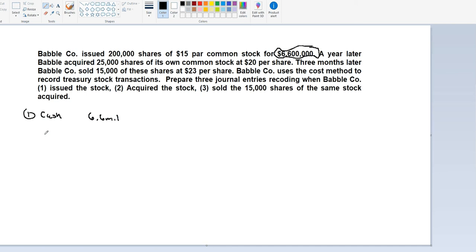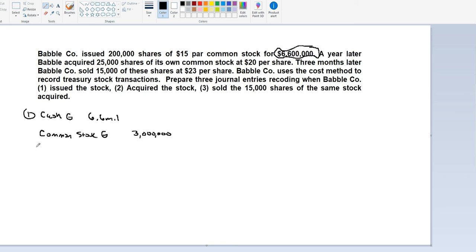Then the thing that we issued was common stock. So we issued common stock, but what do we issue at? We issue it at par value. We issued 200,000 shares times $15 per share because that was the par value. So then we have to credit $3 million. This is given.